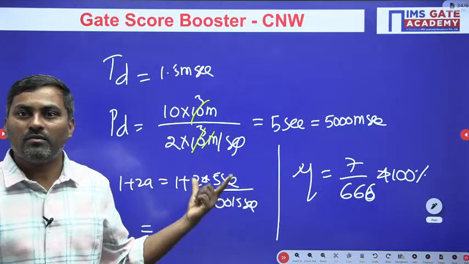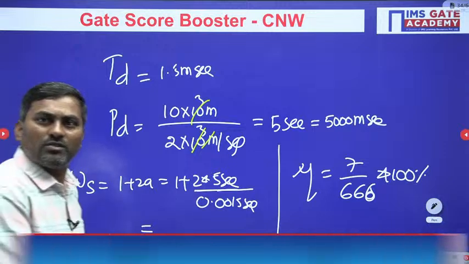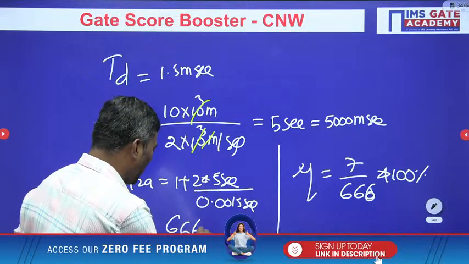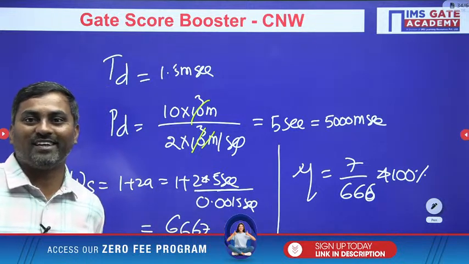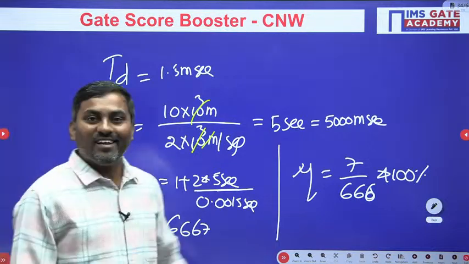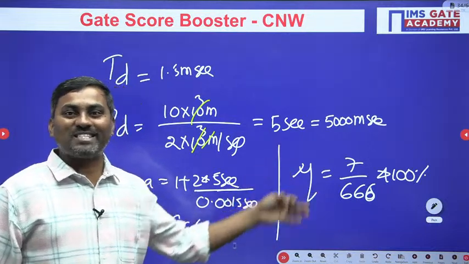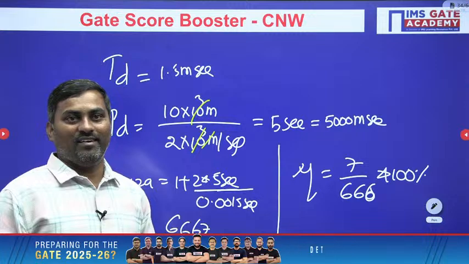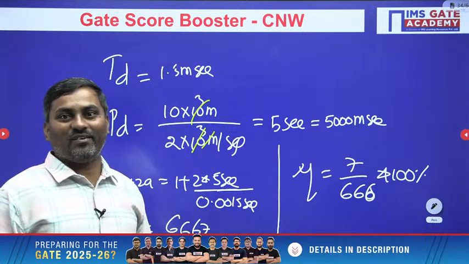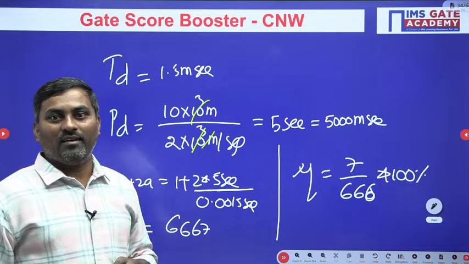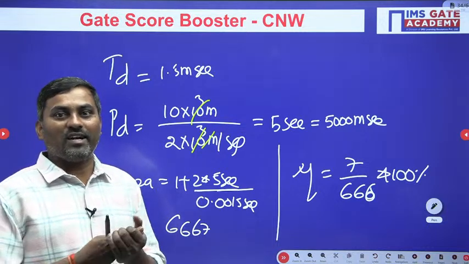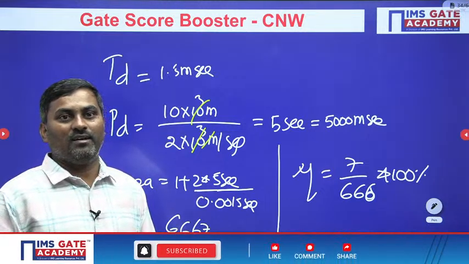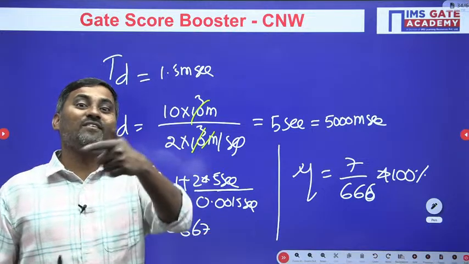JP. Okay, 667, approximately, if you take the transmission delay, then how much is this value coming now? Because the network rate is very high, correct or not? 700 by... why 700?